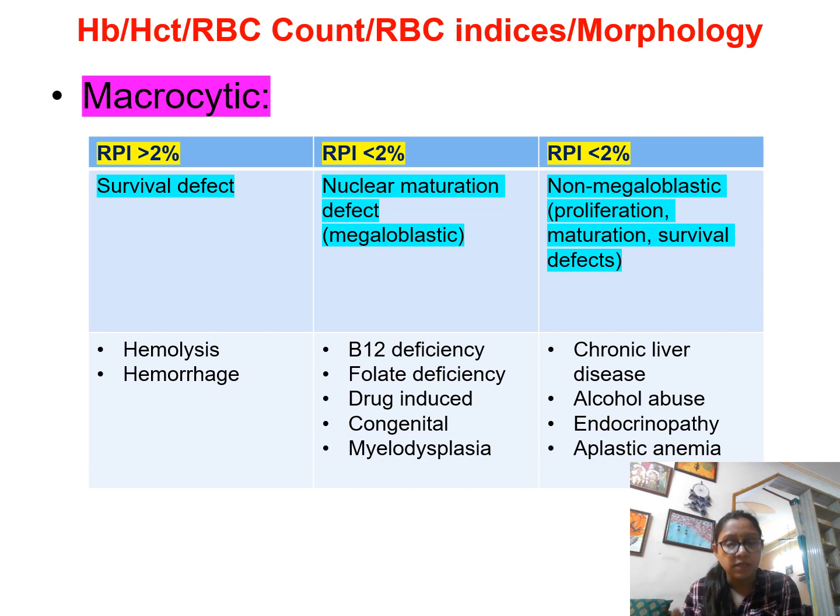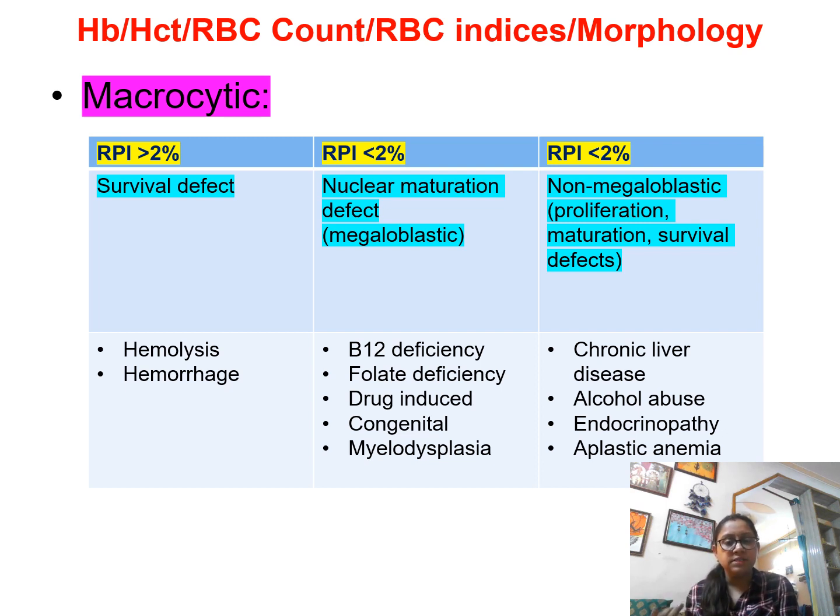So जब macrocytic है, जब MCV more than 100 है, size बड़ी है RBC की, if we categorize the different causes of why anemia is happening, we can take, see, reticulocyte production index अगर more than 2 है, then it means survival defect हो रही है, ठीक है, तो hemolysis और hemorrhage में.